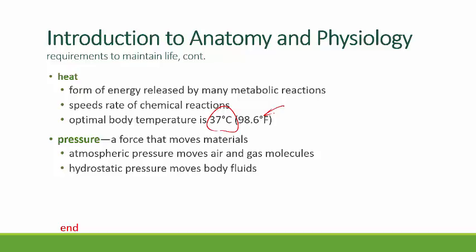If the body becomes too cold, if we don't have enough heat, then the rate of chemical reaction slows, and if we lose sufficient heat, then we may not produce energy rapidly enough to continue fueling the body, and so the body dies.